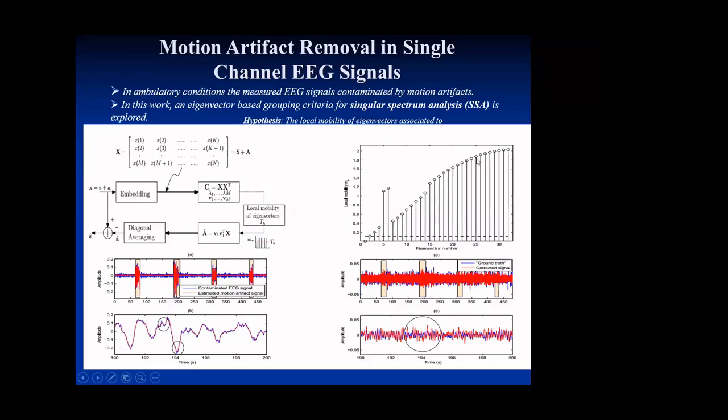Once you know the local mobility, one important result here is about the spectrum of the signal. In this, there are some desired signals and some undesired signals, these low level signals. One important criterion is that the local mobility of the motion artifact is less than the local mobility of the EEG signal.